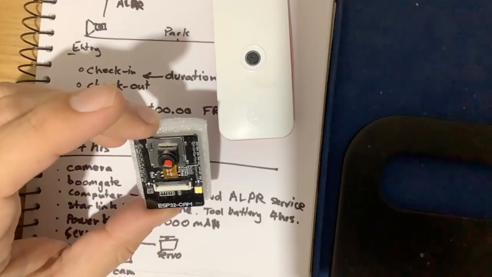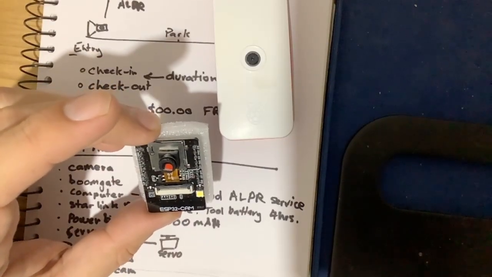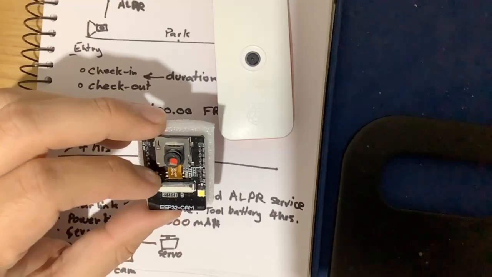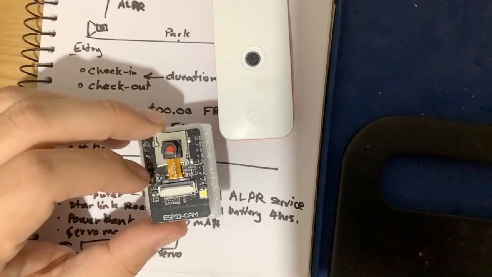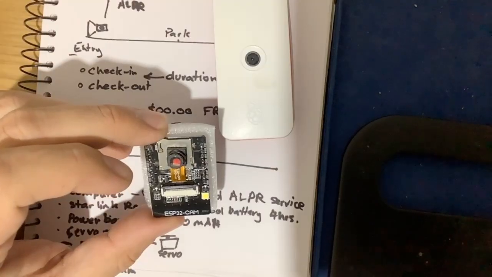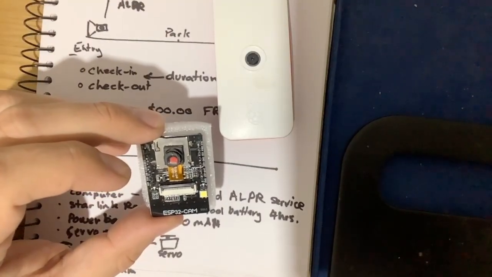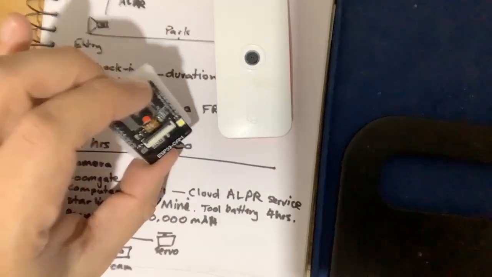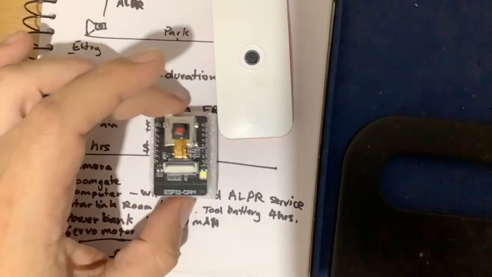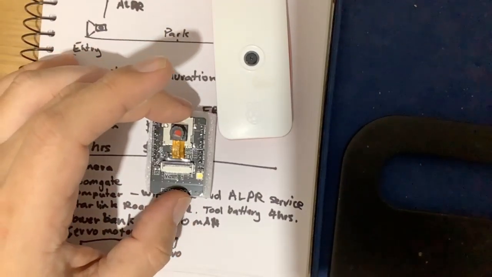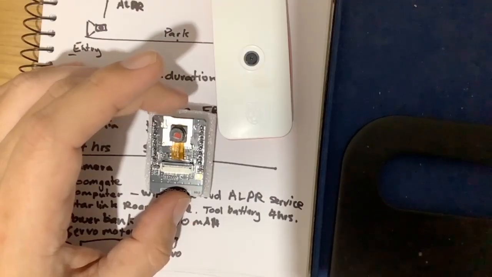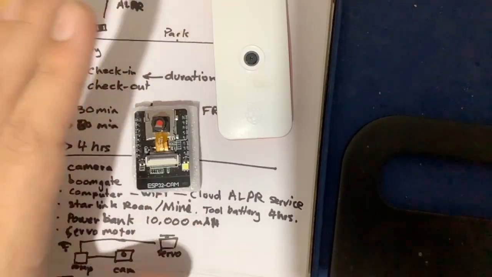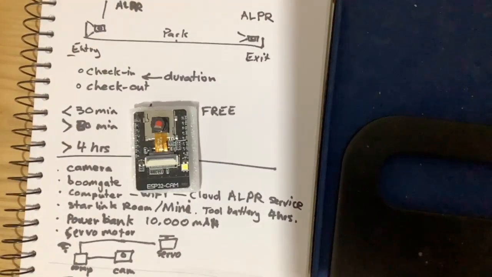It is less flexible, but the camera quality is also terrible, which could impact our demo. But if there is enough light, so we test this during the day, the quality should be good enough to get a license plate. And it is smaller, so we could make a little miniature parking system, which would go well. Look, how about, let's go with the ESP32 for now.